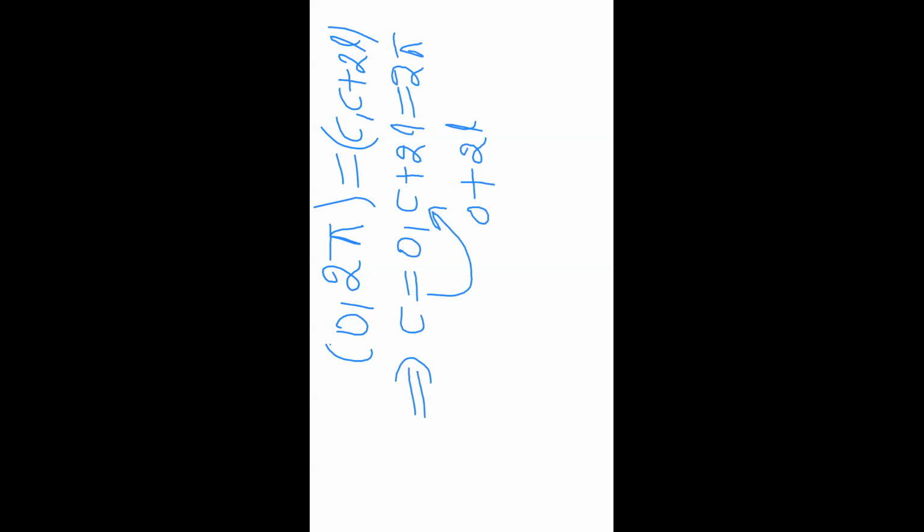So equating corresponding limits, the lower limit c equals 0 and the upper limit c plus 2l equals 2 pi. Substituting c equal to 0 in c plus 2l, 0 plus 2l equals 2 pi. Cancelling 2 on both sides, we get l equal to pi.